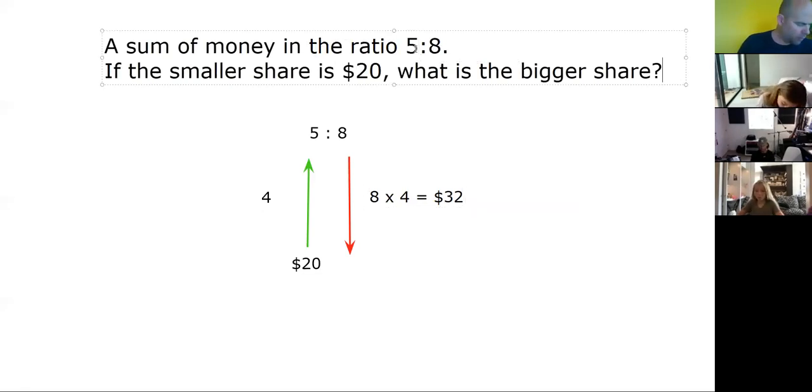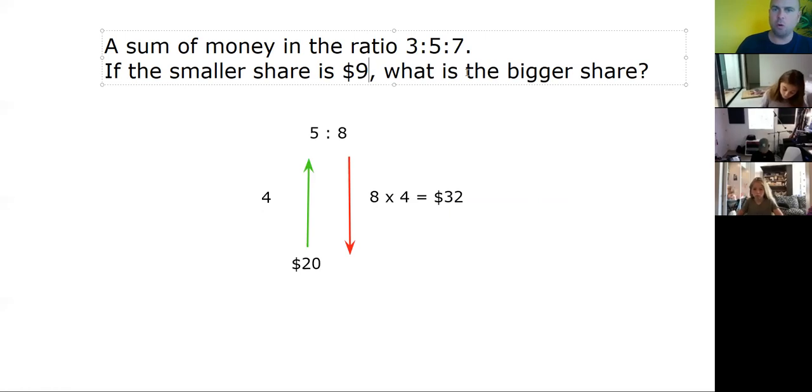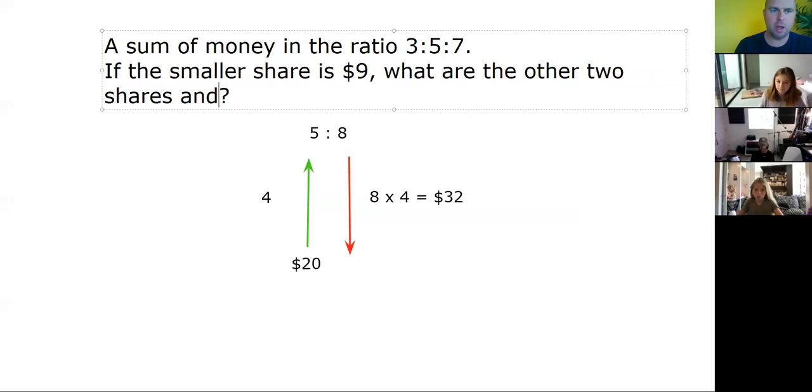Right, so we've got a ratio of 3 to 5 to 7. Oh, we've got 3 ratios. Smallest share is $9. What are the other 2 shares and how much money in total?